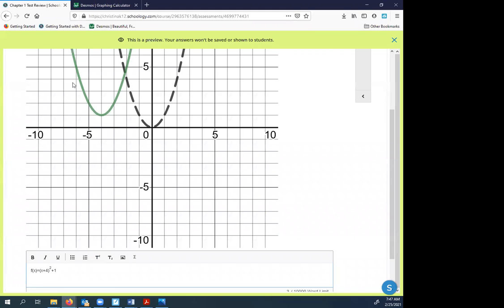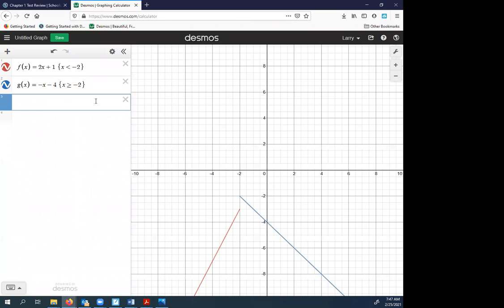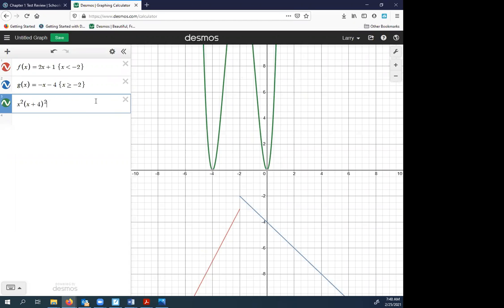You're going, you know what? I want to check that on Desmos. My original function was x squared. We see that I can type in what I typed, x plus 4 squared plus 1. That needs to be a new line.